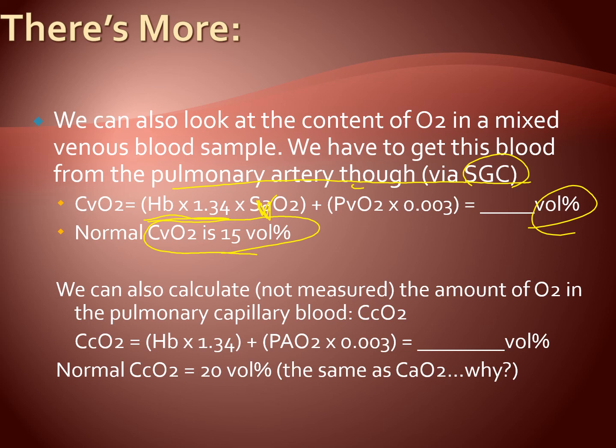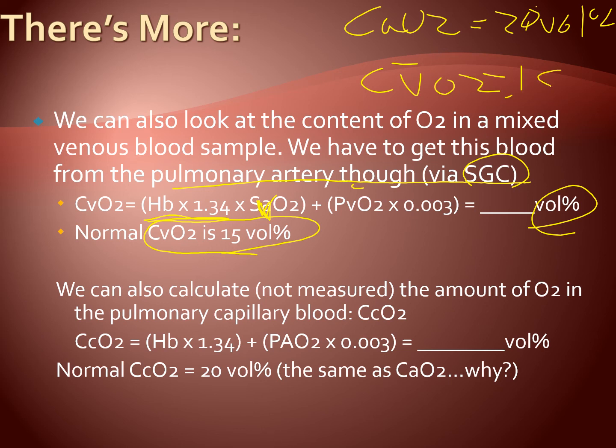So a normal CaO2 is 20 volumes percent. A normal CvO2 is 15 volumes percent. That means the normal metabolism, or the normal gradient between arterial and venous, is 5 volumes percent, right?